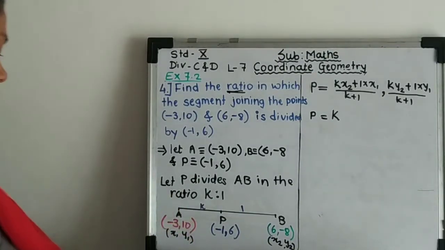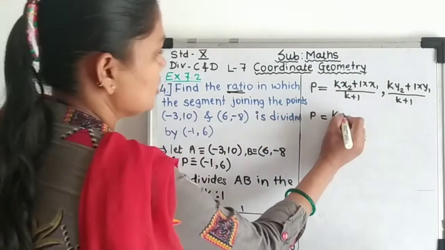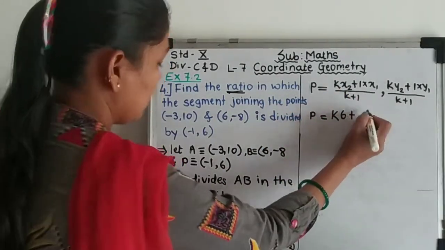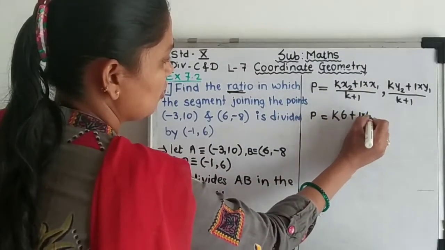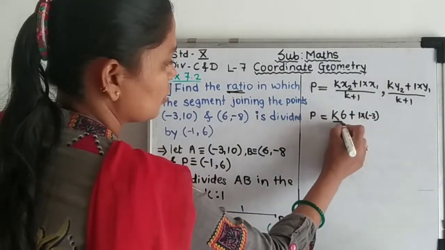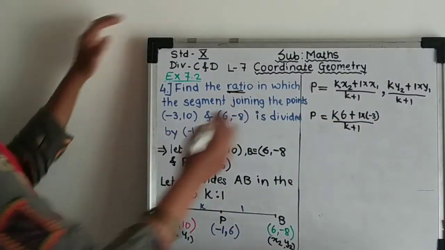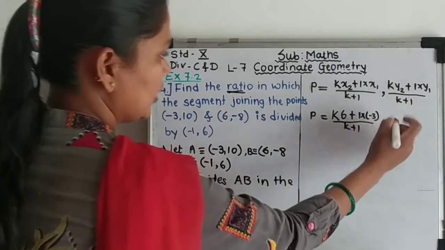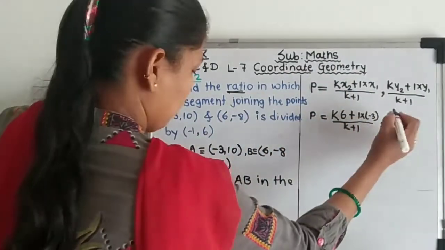Now listen students, x2 is our 6 plus x1 is -3, and 1 into -3 is what? -3 only, right? And k plus 1 will remain as it is. Similarly for y, k into y2, y2 is our -8.